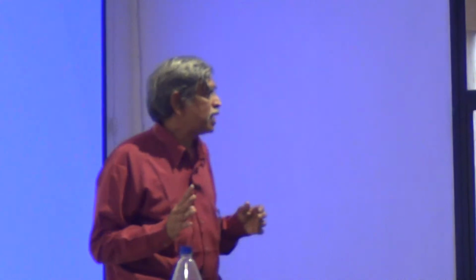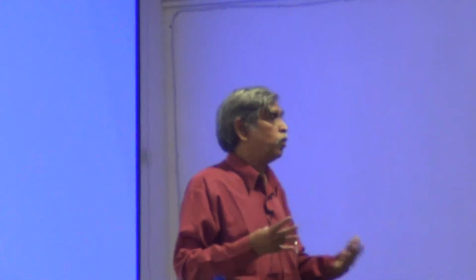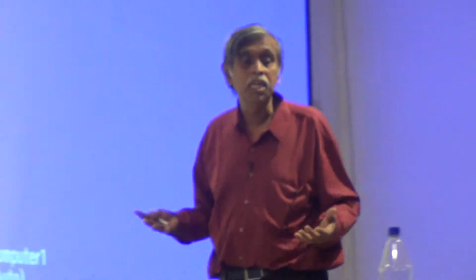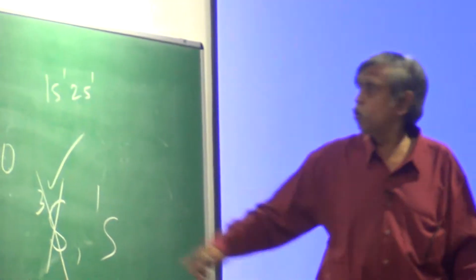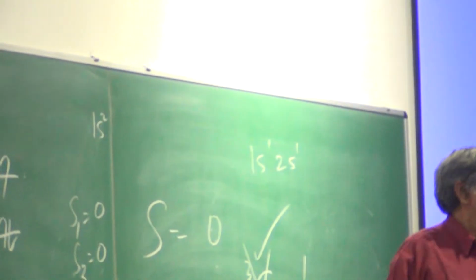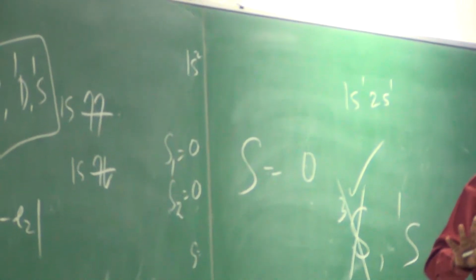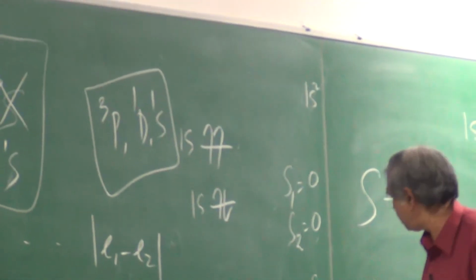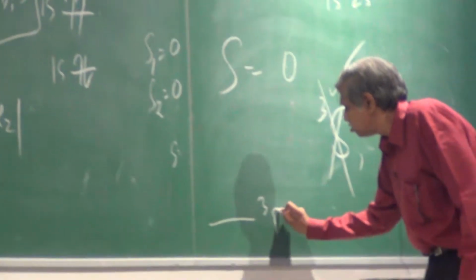And what does the rule of maximum multiplicity say? The state that has the maximum multiplicity is the one that's going to have the least energy. And when you are told about the maximum multiplicity, it's the spin multiplicity. So of these states, which one has the highest spin multiplicity? Triplet P. And straight away you know that triplet P must be the ground state.